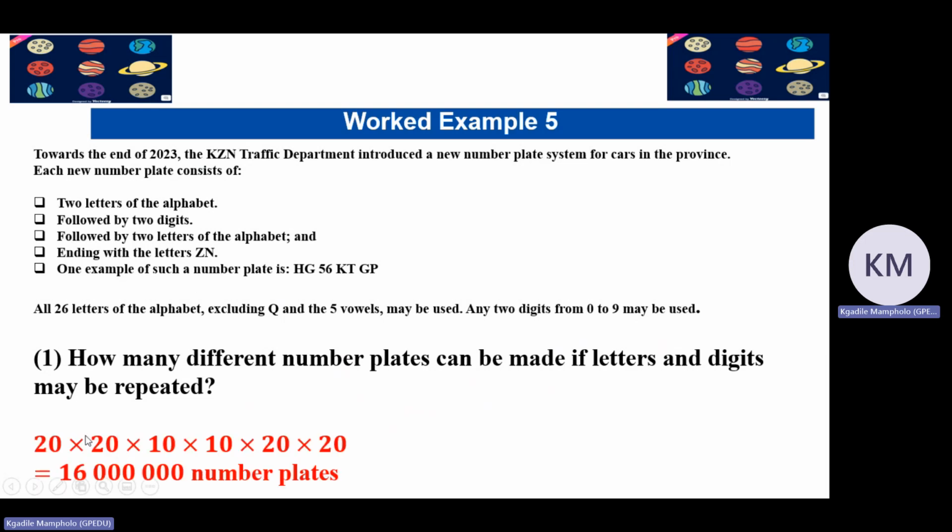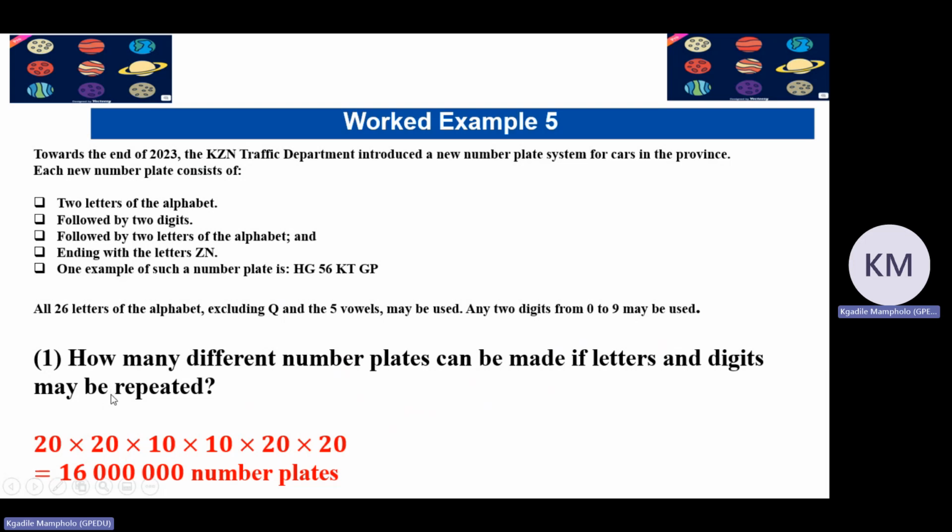Since we don't use the vowels and Q, we subtract 6 letters out of 26, so we're left with 20. So we say 20 times 20 if you want to choose the first 2 letters. When you choose the first one, you choose out of 20.